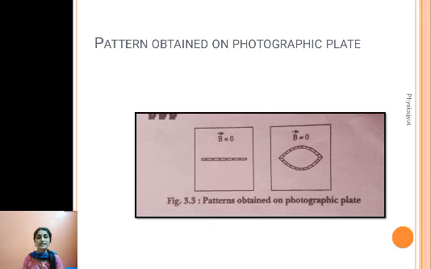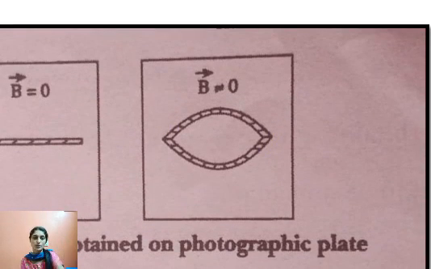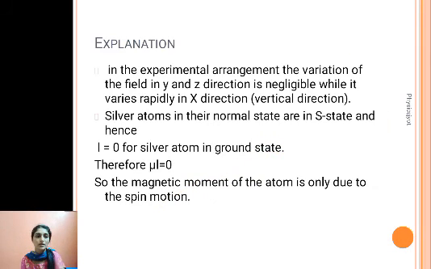That is what we call the Zeeman effect. And when the magnetic field is weak, the splitting doesn't take place. That is what the anomalous Zeeman effect is. So here, as the magnetic field is weak at the edges, that is how the splitting is not taking place. In the experimental arrangement, the variation of field in the y and z directions we have considered negligible, while we are just considering the x component, which is in the vertical direction.